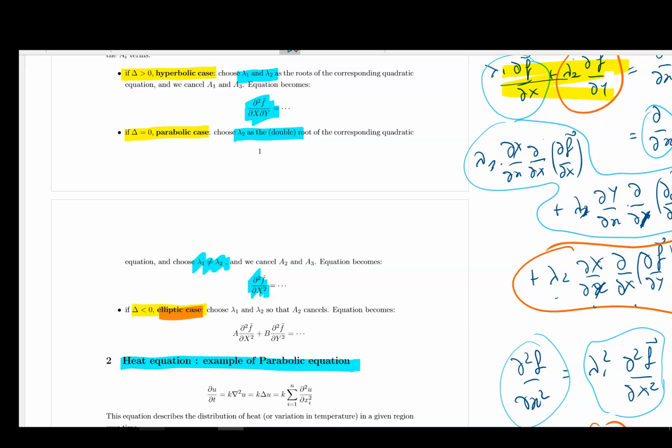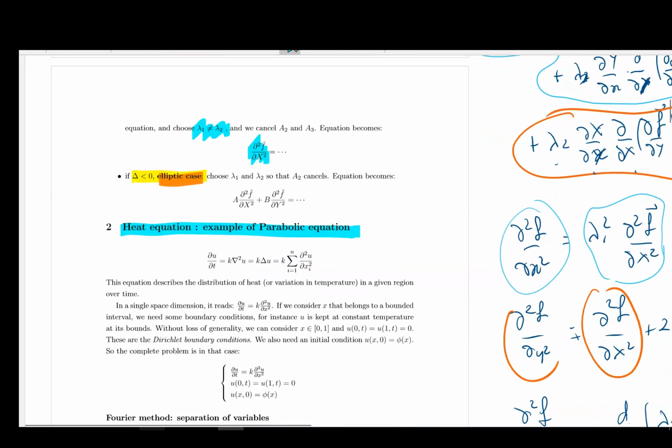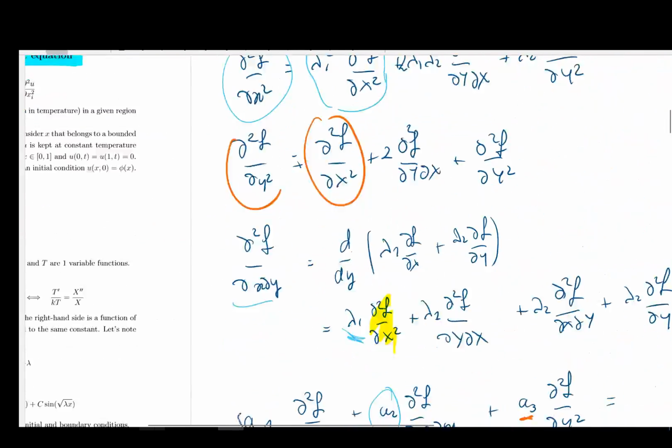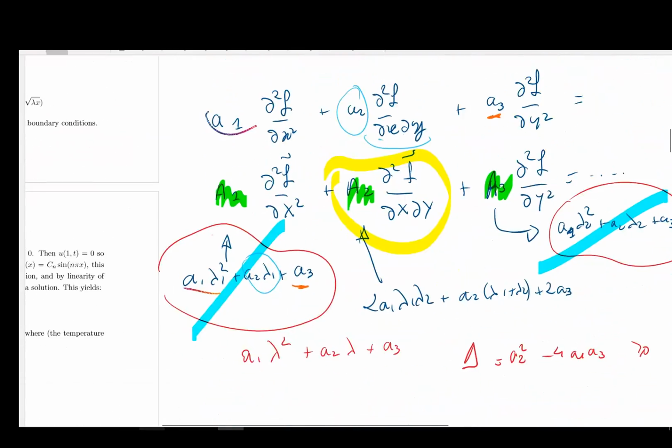And if you don't have any real solutions, well, we can choose lambda 1 and lambda 2 in order to cancel the A2 term. Let's see what it was. That A2 term is this one.